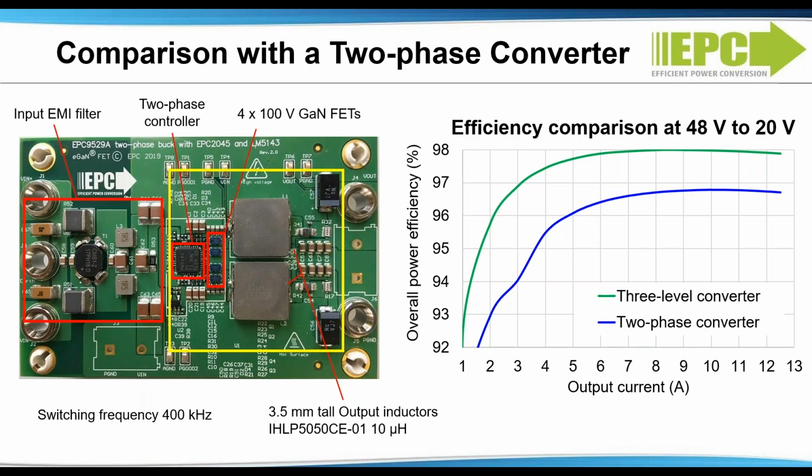What is EPC's recommendation on a gate driver for the 3-level ultra-thin converter? So for gate drivers, we use the LMG1205 from Texas Instruments, or the uP1966 from uPI. That's a Taiwanese-based IC company.